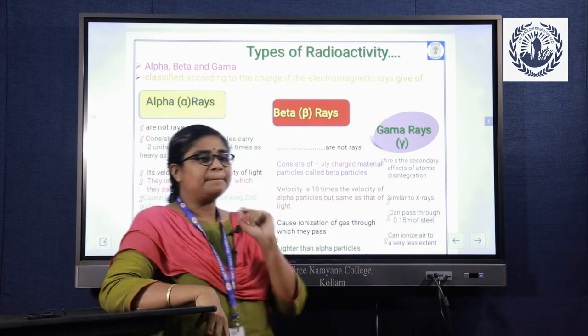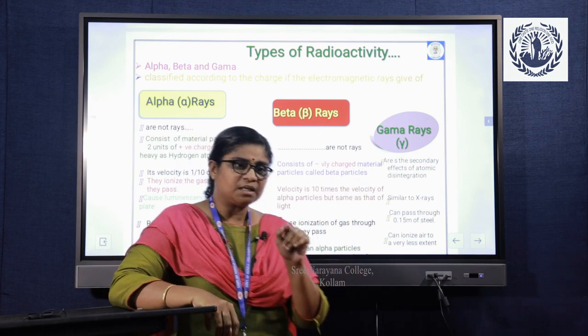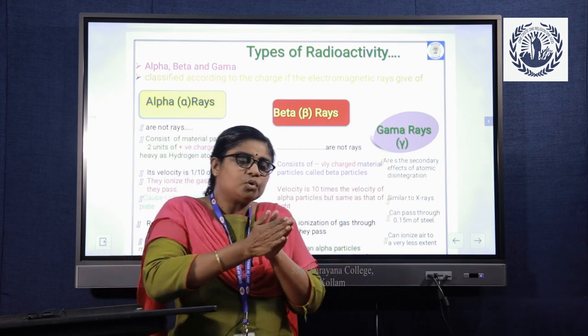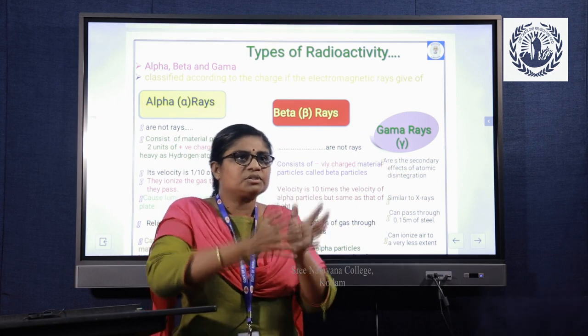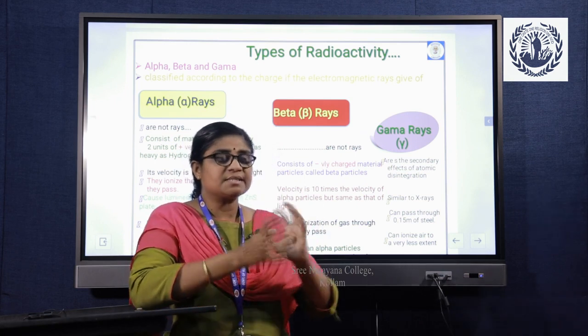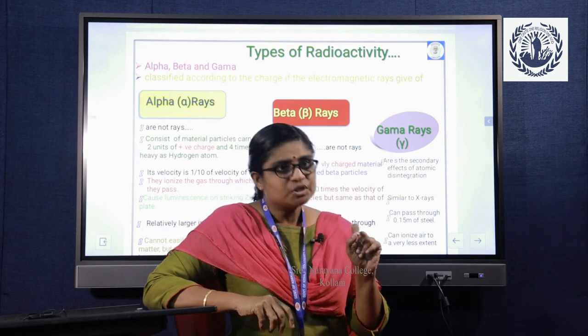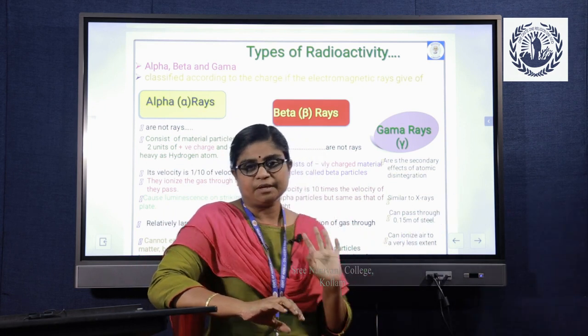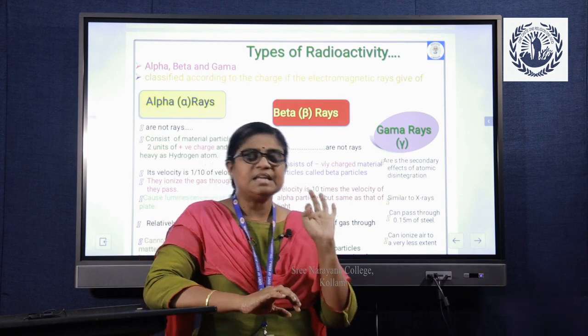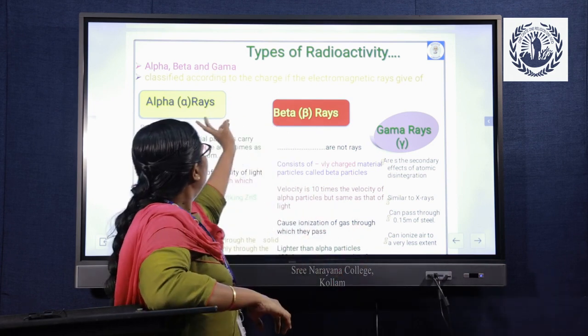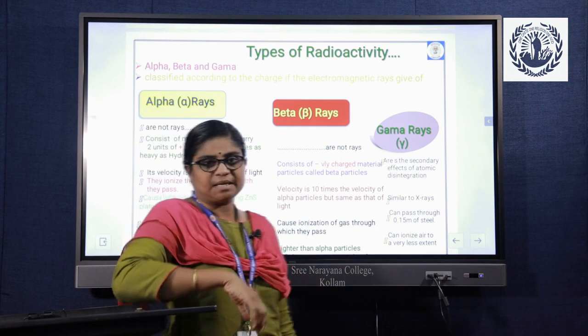Comparing the penetrating power of the alpha particle through some paper, wood or brick, its size is very big and its velocity is very slow, so its penetrating power is very low. It has the least penetrating power when comparing alpha, beta and gamma rays.